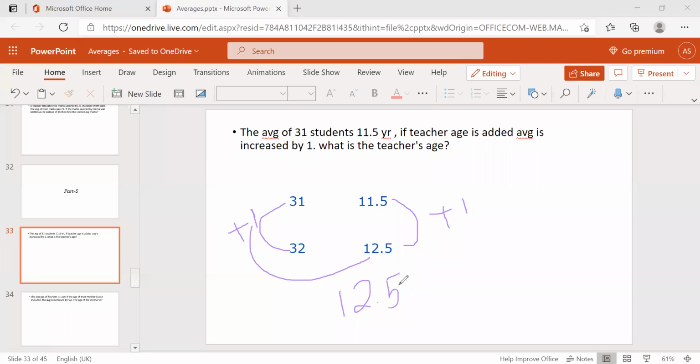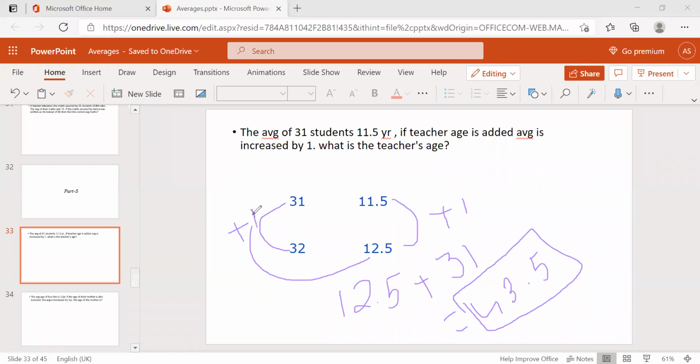So 12.5 plus 1 into 31, so 12.5 plus 31 is 43.5. Previously also we got the same thing, the same age. So here, using the shortcut, we take the difference on the left hand side and then the right hand side.